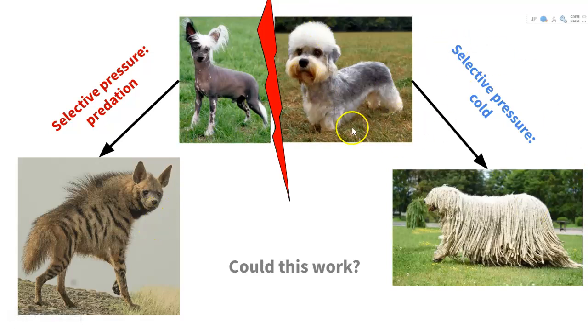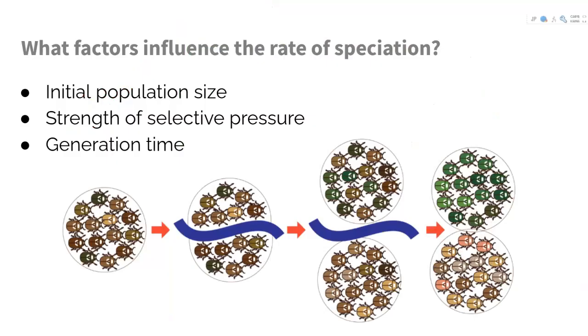Over here, natural selection is going to dictate that if the selective pressure is cold, the one that produces a lot of fur is going to win out. So could a hyena-looking organism mate with the mop dog? I'm going to say maybe not. There would probably be a lot of barriers there. Okay, so that would be an example of how speciation might occur in dogs.